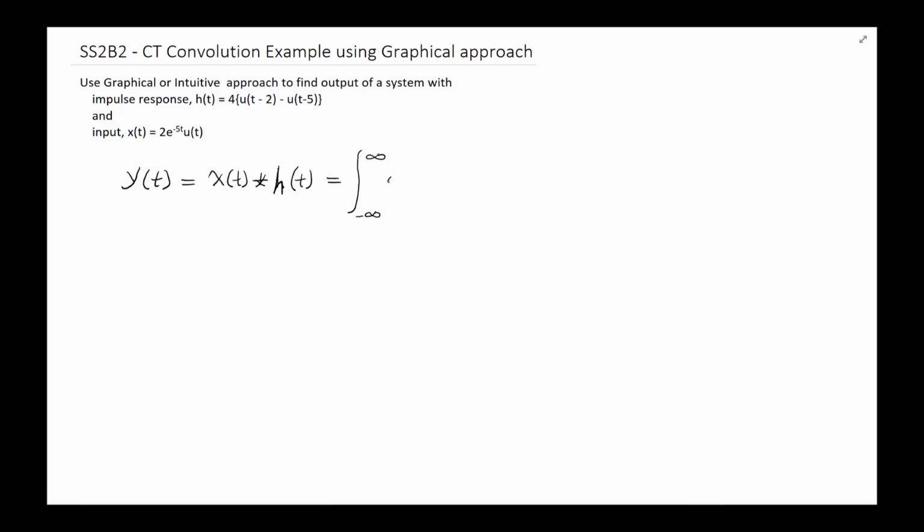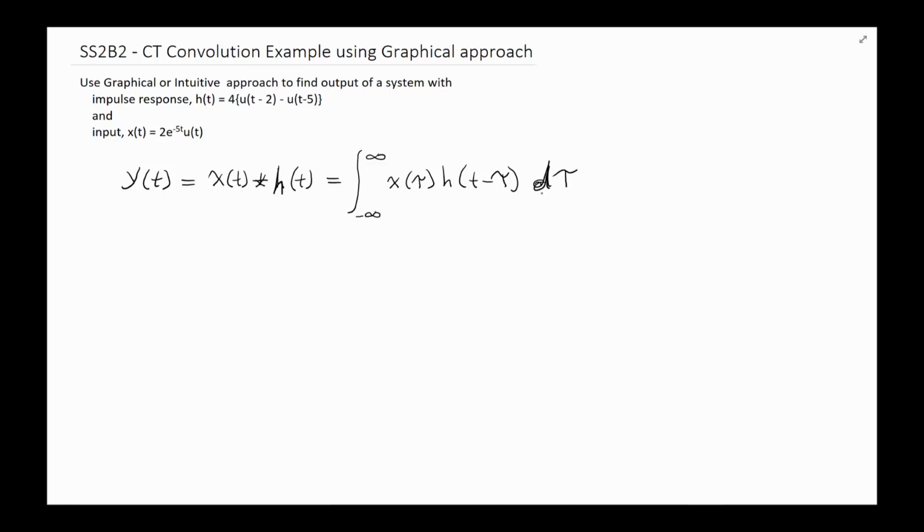So this will be x of tau and h of t minus tau, representing what happens when you do a convolution. And d tau basically tells us what the variable of integration is.